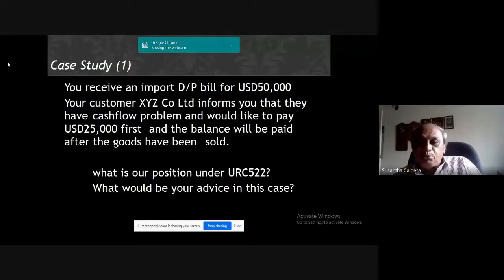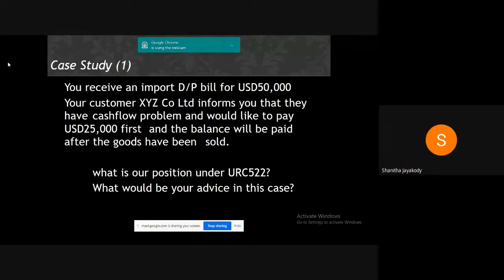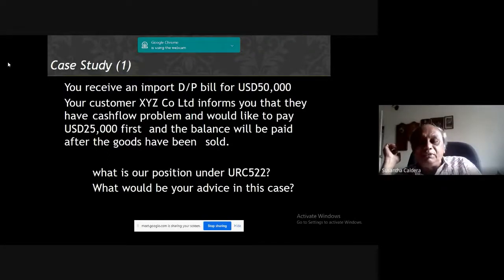You have received an import bill for 50,000, DP bill at sight. The customer informs you that they have a cash flow problem. They would like to pay 25,000 first, and the balance will be paid after the goods have been sold. So I am going to release it by taking 25,000. What is your position under URC 522?